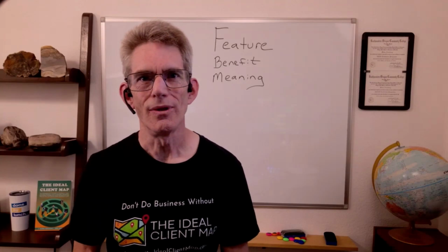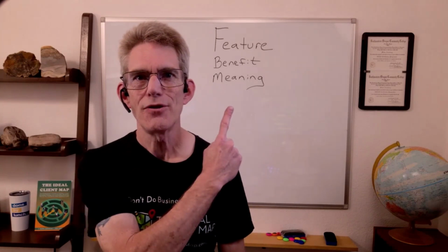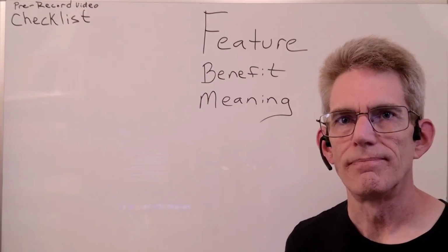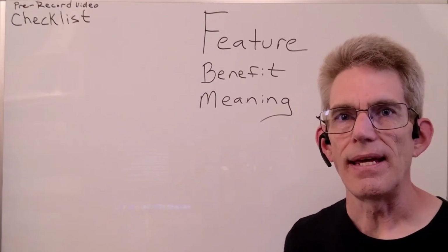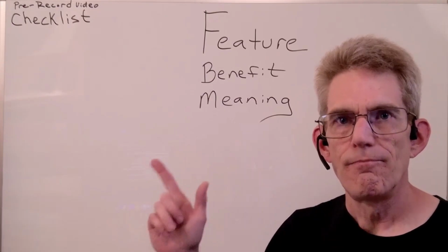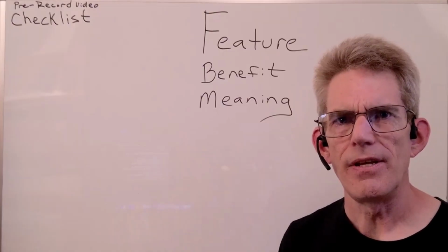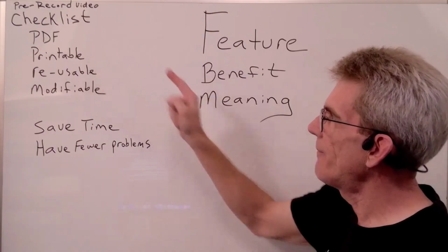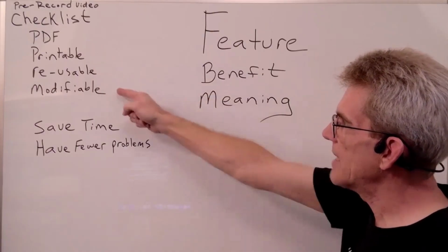With a measuring tool known as feature, benefit, and meaning. So let's run down how to measure with this tool. Let's say that we have a checklist, a pre-recording-to-make-a-video type of checklist. So we have a checklist that is a PDF, it's printable, it's reusable, it's modifiable.